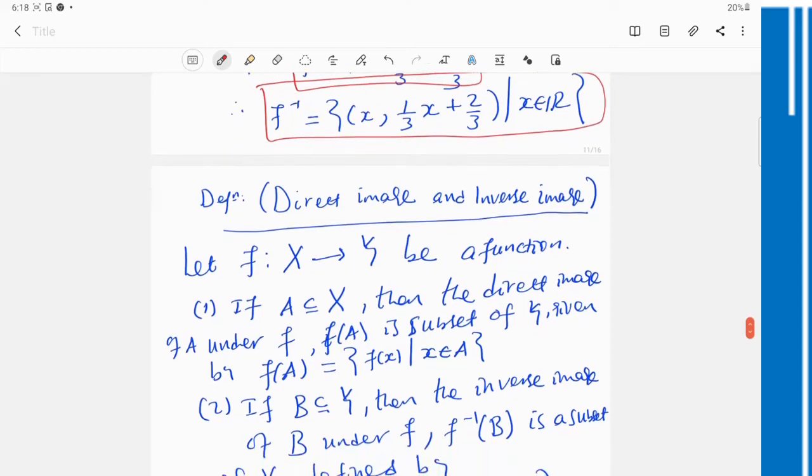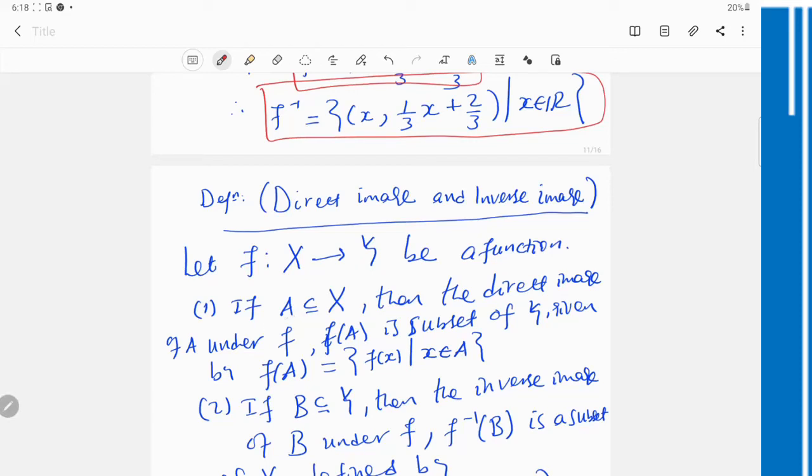Another topic: if you are given a function, what are the direct image and inverse image of a given set under the function f?